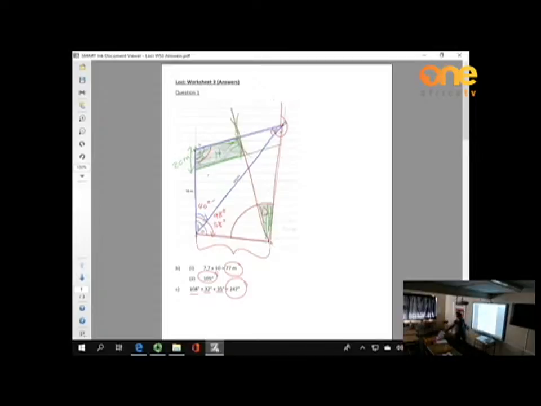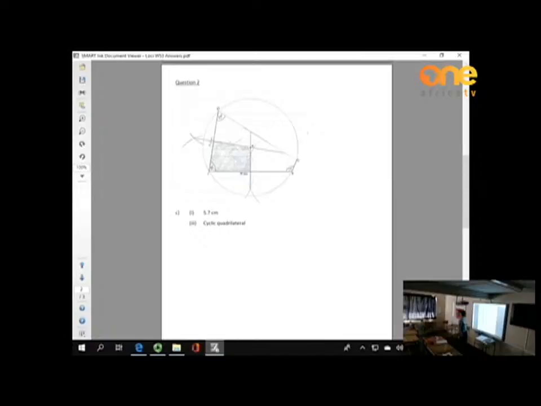Let us go to question number 2, where we have the construction that we have to make. Going to the next page, there is our construction. So draw the line AB 10 centimeters long in the center of a new page.